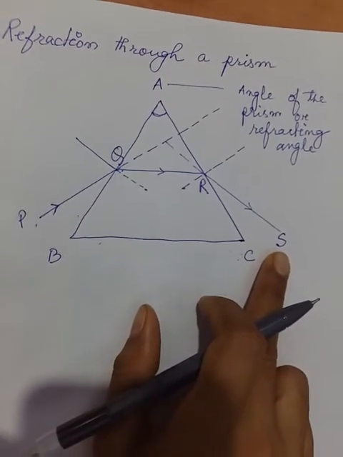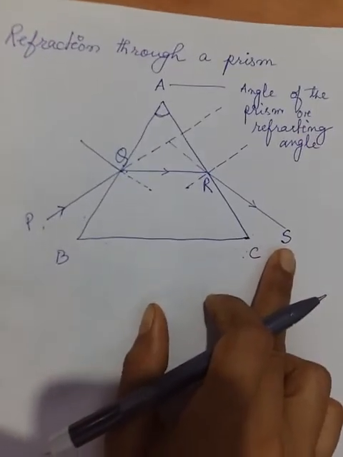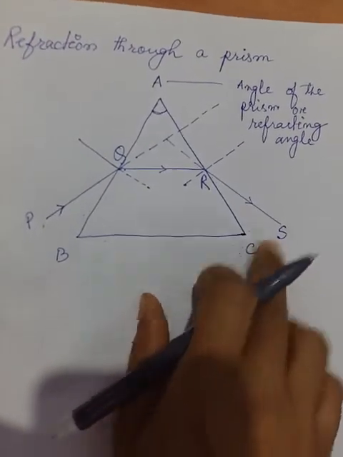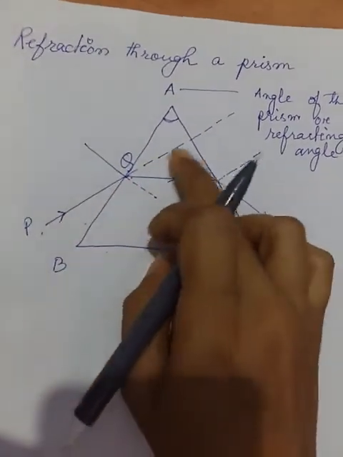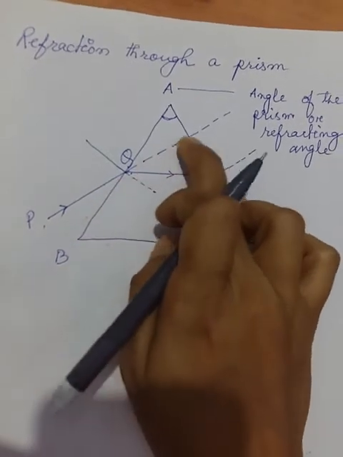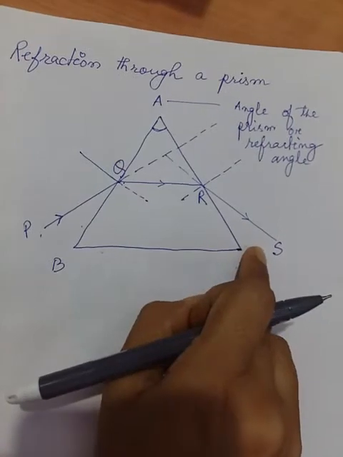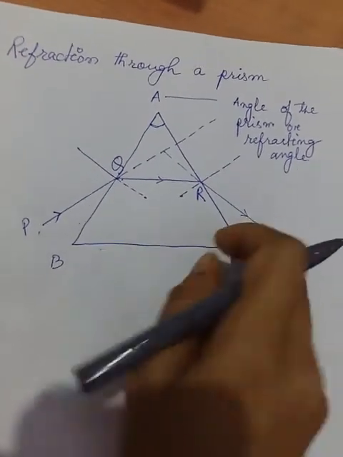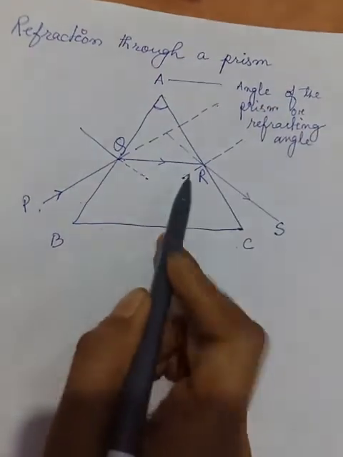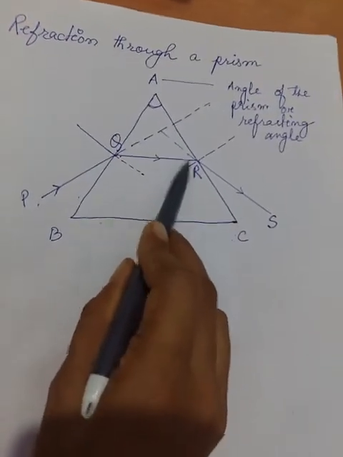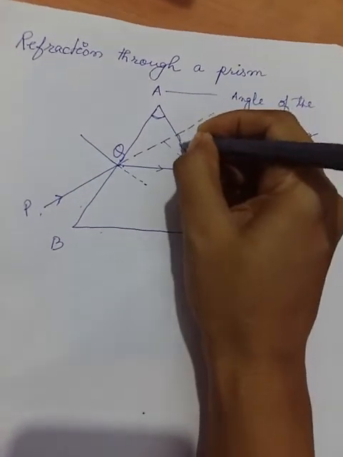The final refracted ray, that means the ray coming out from the prism, is also known as the emergent ray. So the angle between the original direction of the incident ray and the emergent ray RS, which one will be your angle? In between them one angle is present.